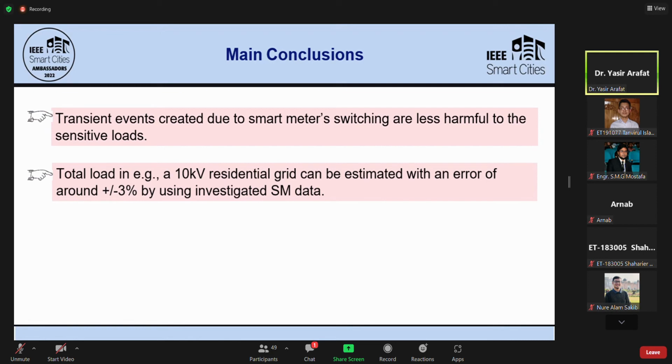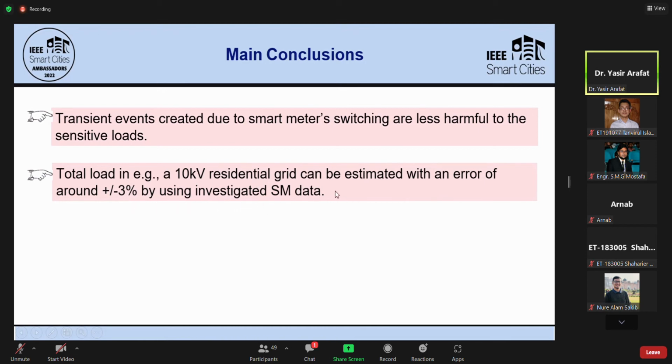We have seen that if we want to estimate load by using artificial intelligence, we can do it easily by using the load forecasting model, and the error would be plus minus 3%. The total load in, for example, a 10 kV residential grid can be estimated with an error of around plus minus 3% by using investigated smart meter data.